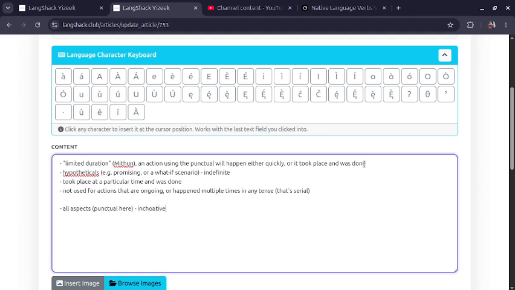So this can be the inchoative, which is like something that's beginning, the inception of something. You can have reversive, dative, causative.